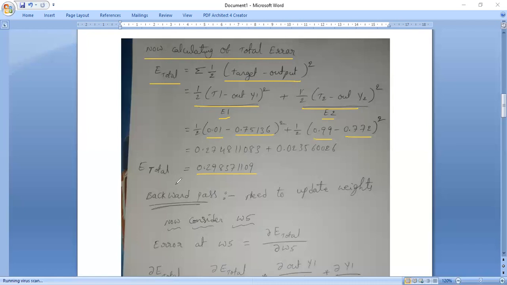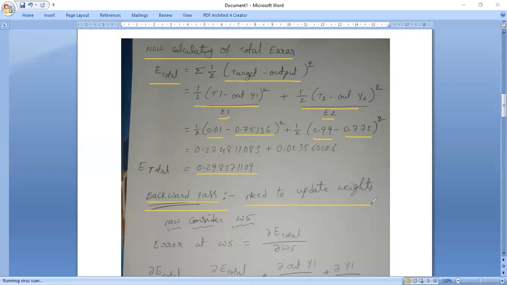So that's why, from this point onwards, we are going to apply backpropagation on the network. Now we are going to apply backpropagation, the backward pass. If you want to perform this backward pass, you need to update the weights of the whole network.